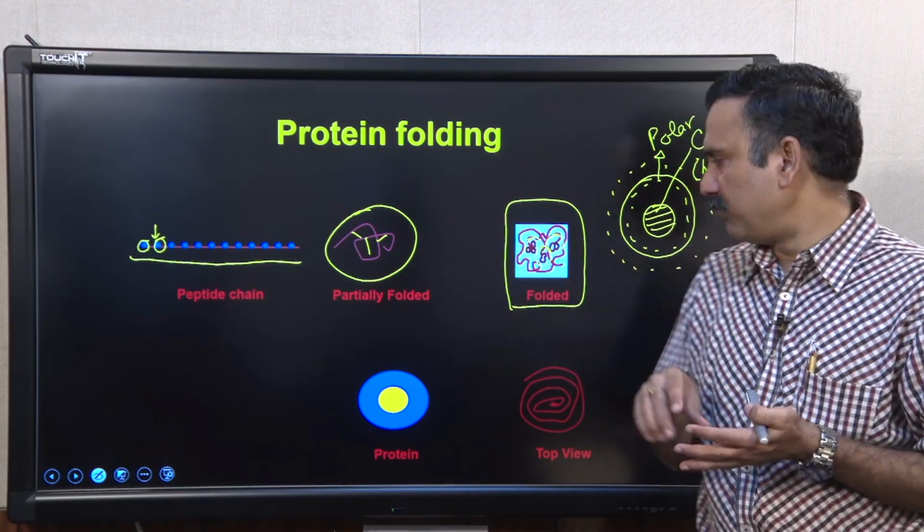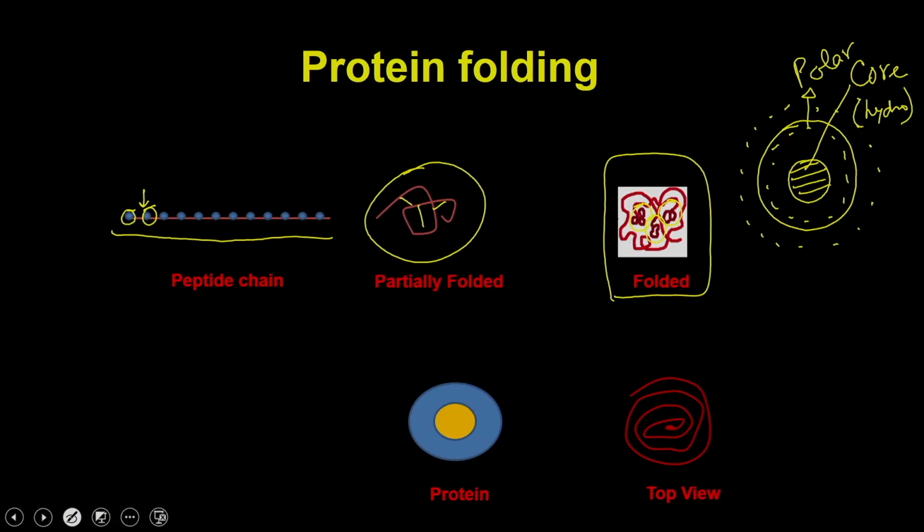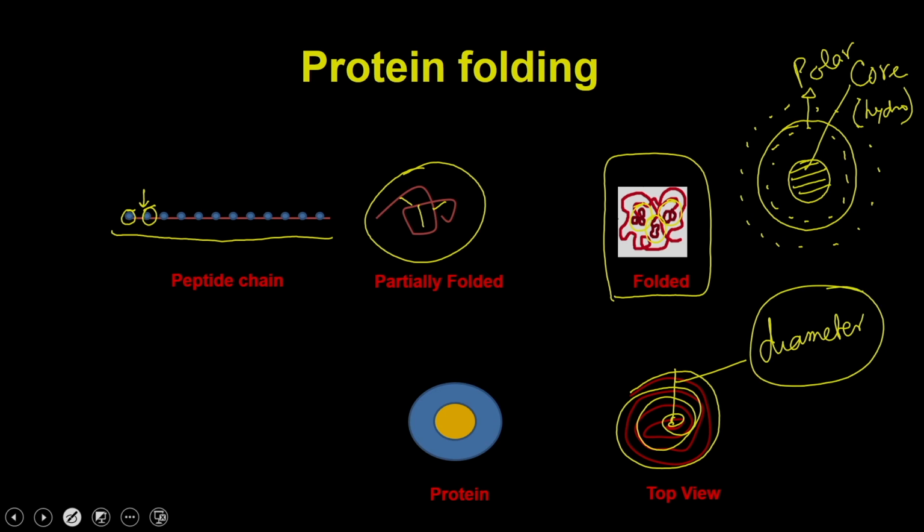If you see a protein from the top, you will see that it forms a coiled structure like this. If you measure the cross section, you will see that the diameter of this globular protein is directly proportional to the size or the molecular weight of the protein.